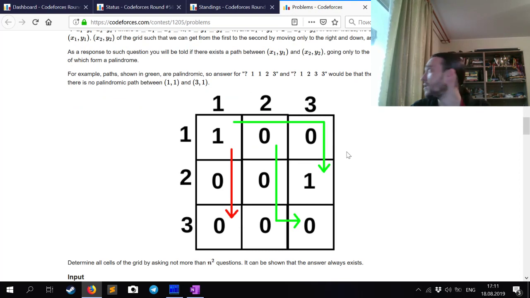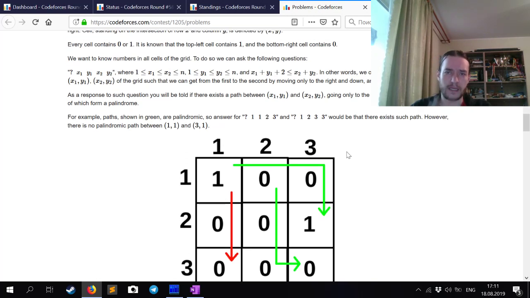Well, okay, whatever you say, but it's odd, right? So what can we tell from this is, for instance, if we ask for this pair of cells, we are allowed to do that, right? Then we just know if they're equal or not, because it doesn't matter what's in the middle.